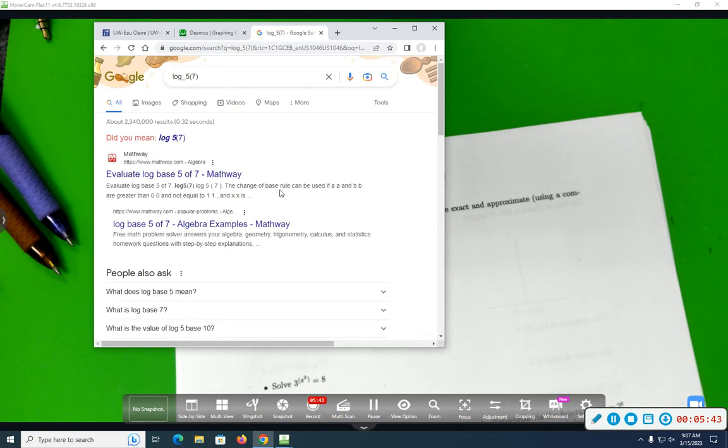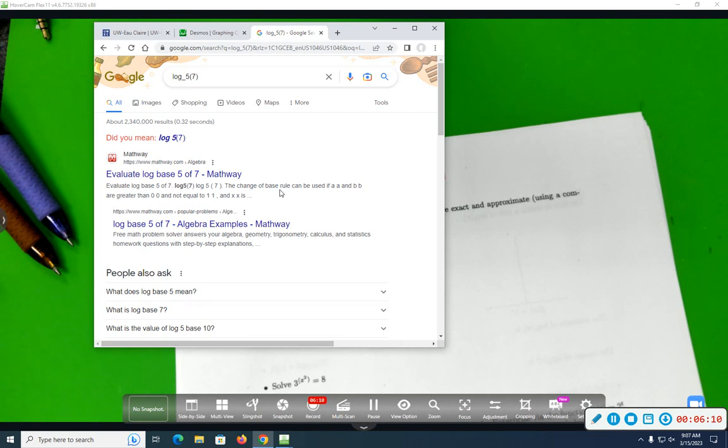So there's a standard way to type it. But you notice Google doesn't know what to do with that. If you look at your calculator, how many people know how to use their calculator to take logs in different bases than it uses right now? Cool. How do you do it? I type in log 7 and then divide that by log 5.